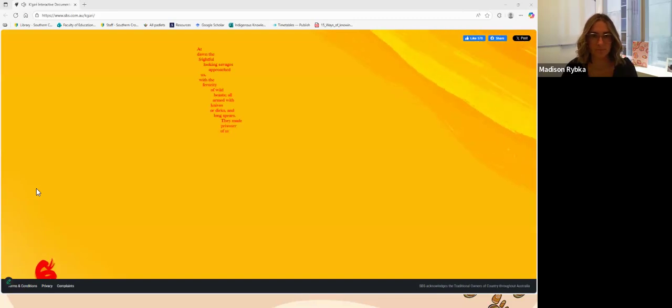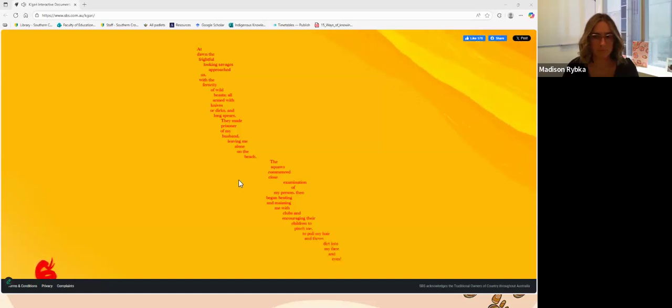At dawn, the frightful-looking savages approached us with the ferocity of wild beasts, all armed with knives or dirks and long spears. They made prisoner of my husband, leaving me alone on the beach. The squaws commenced close examination of my person, then began beating and maiming me with clubs and encouraging their children to pinch me, to pull my hair and throw dirt into my face and eyes.